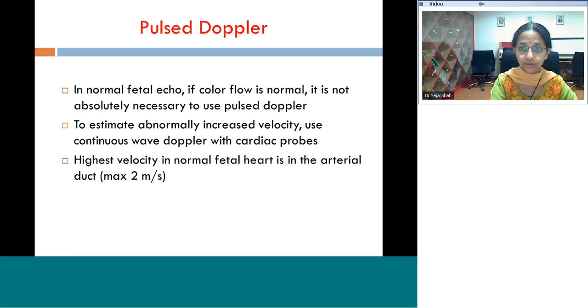Then you have to use a continuous wave Doppler. For that, you have to switch to a cardiac probe. Remember that the highest velocity which is present in a fetal heart is present in the ductus arteriosus, and the velocity is usually 1.6 meters, but it can go up to 2 meters per second.